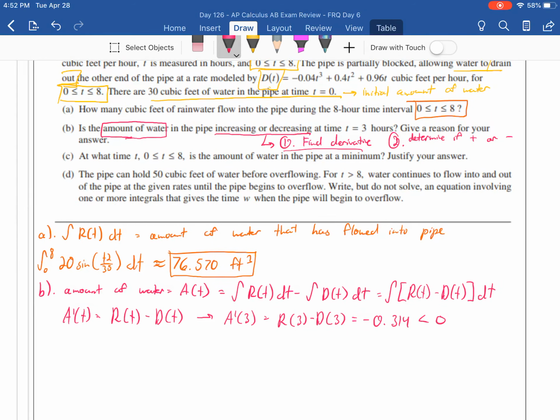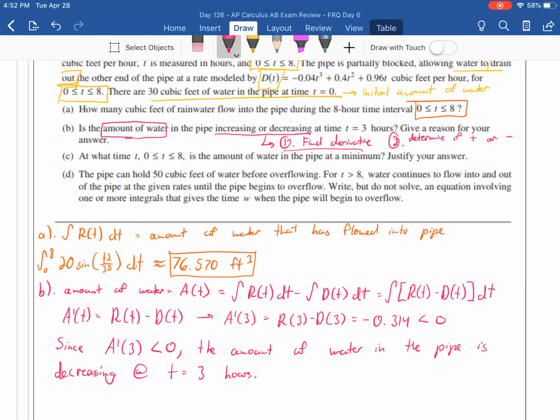So we would say, since a prime of 3 is less than 0, the amount of water in the pipe is decreasing at t is equal to 3 hours.